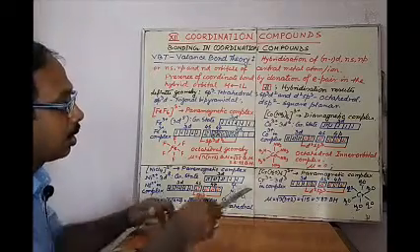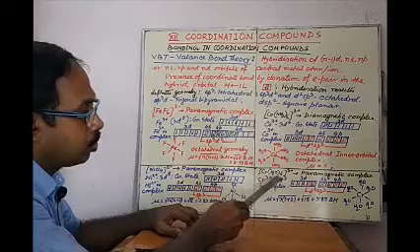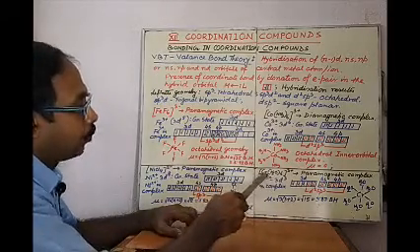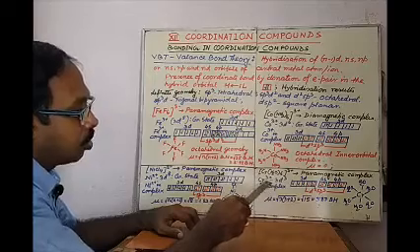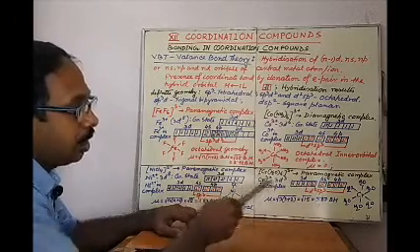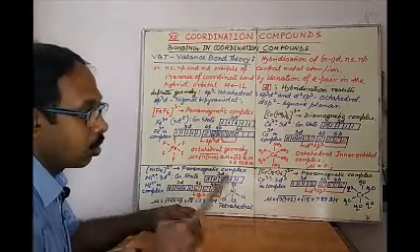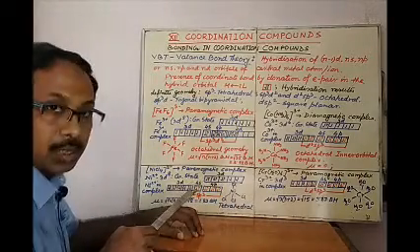Next, we can take another example, [Cr(H2O)6]3+. In this complex, chromium is in the +3 oxidation state, having 3d3 configuration, and this complex is also a paramagnetic complex.